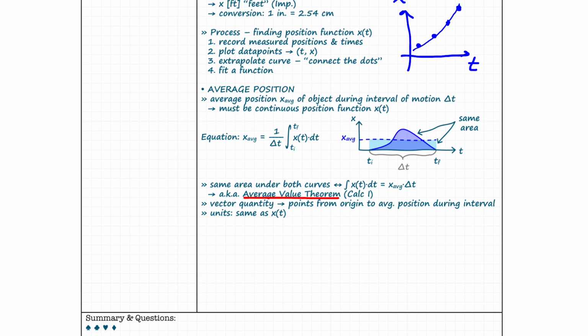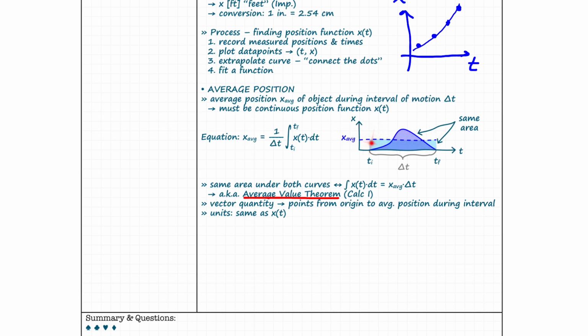You saw the average value theorem in Calc 1. What that says is that the area under the actual position function, x of t, should be the same as the area under the average value. The average position should be a constant value. That's what an average means. And a constant value on a graph is a horizontal line.